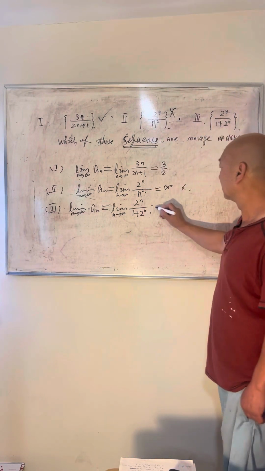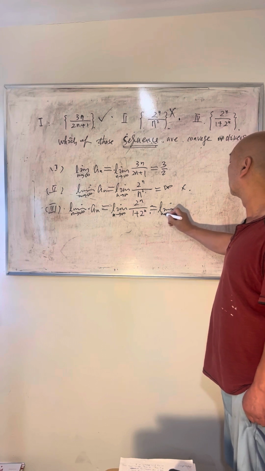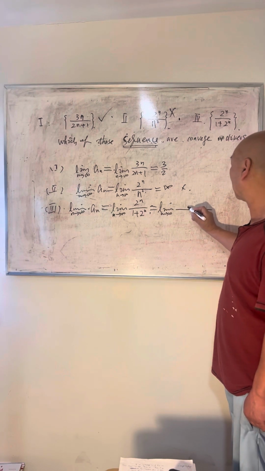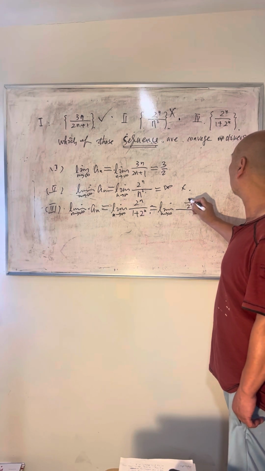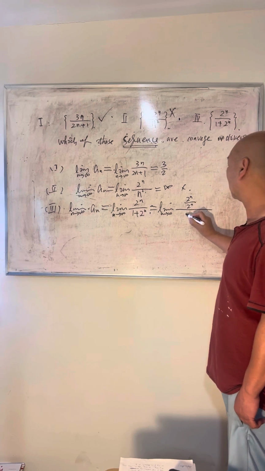Here we know we divide both the numerator and the denominator by 2 to the nth power.